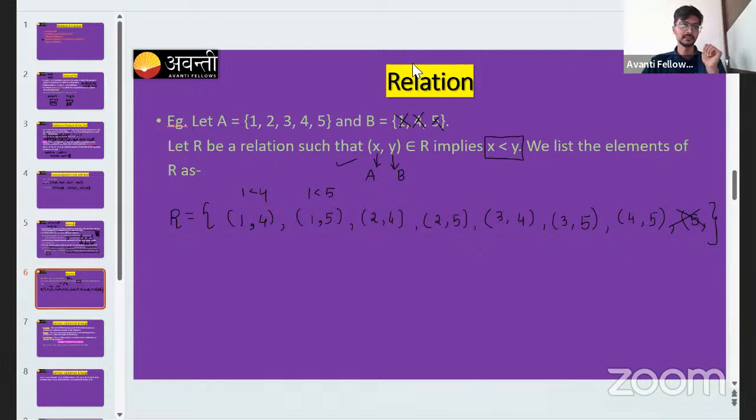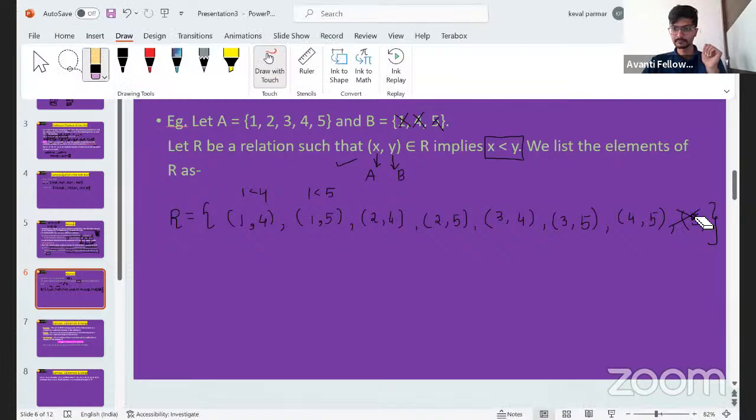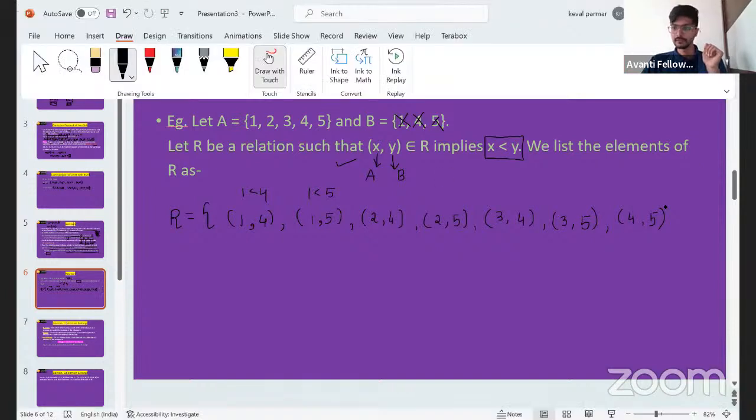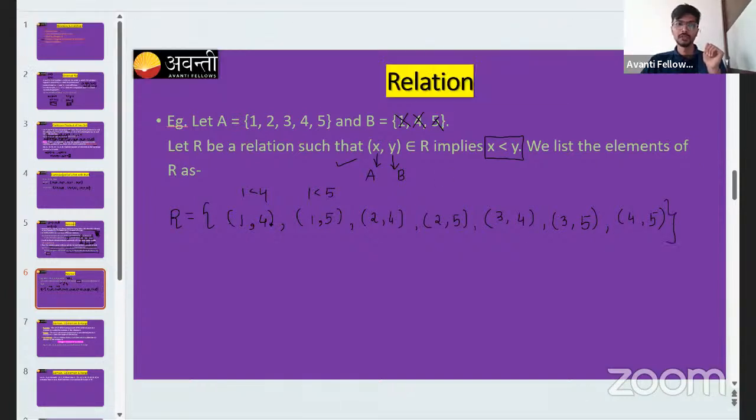Let me just rub this. So my relation now formed is 1, 4, 1, 5, 2, 4, 2, 5, 3, 4, 3, 5, and lastly 4, 5. Now, can you tell me the number of elements in this relation? Let us count together. 1, 2, 3, 4, 5, 6, 7. So the number of elements in this relation is 7.